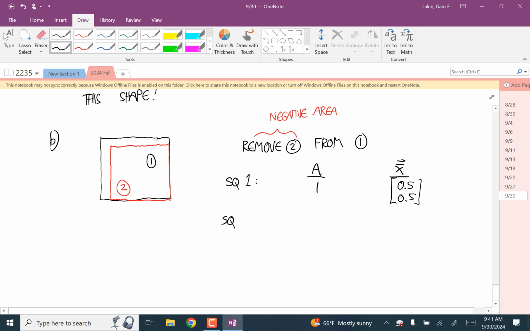And then our square 2, the area of that, so this has side lengths of 0.9. So you can think of this area as negative 0.81.